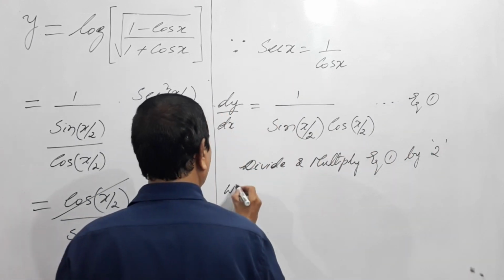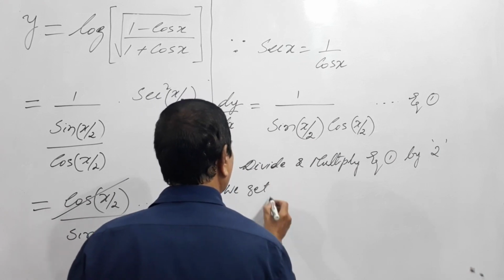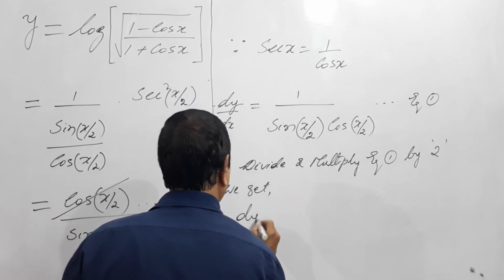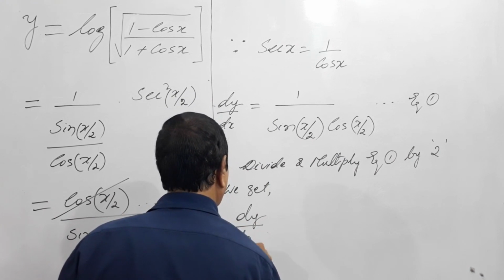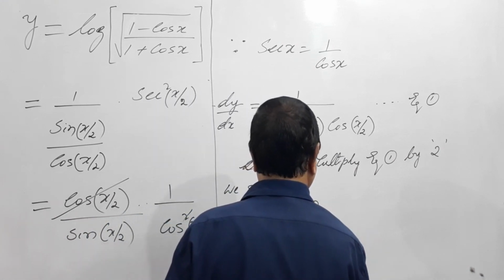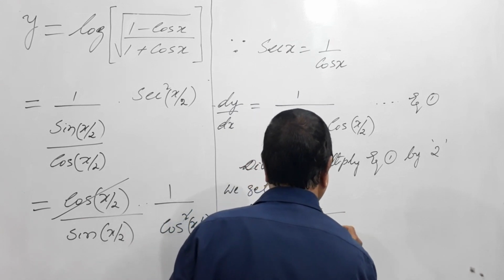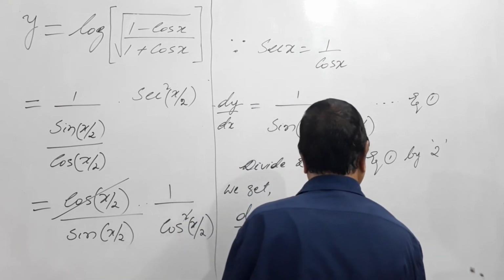We get dy by dx equals 2 by 2 into sin x by 2 into cos x by 2.